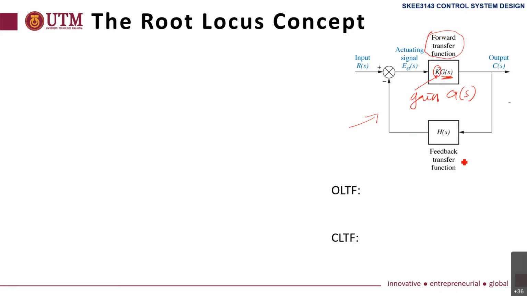Sometimes we draw it like this, separating K and G, K, G(s). Both are the same. Here they directly multiply K and G. And at the bottom, the feedback one is H(s), the feedback transfer function.